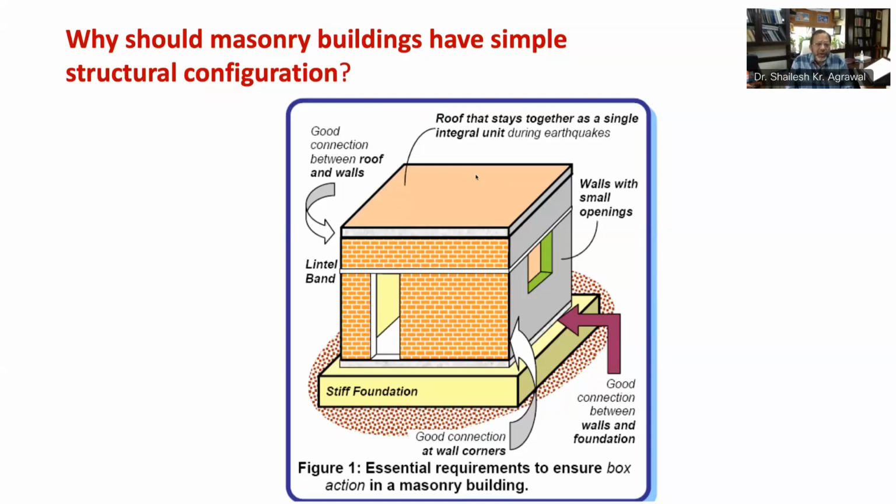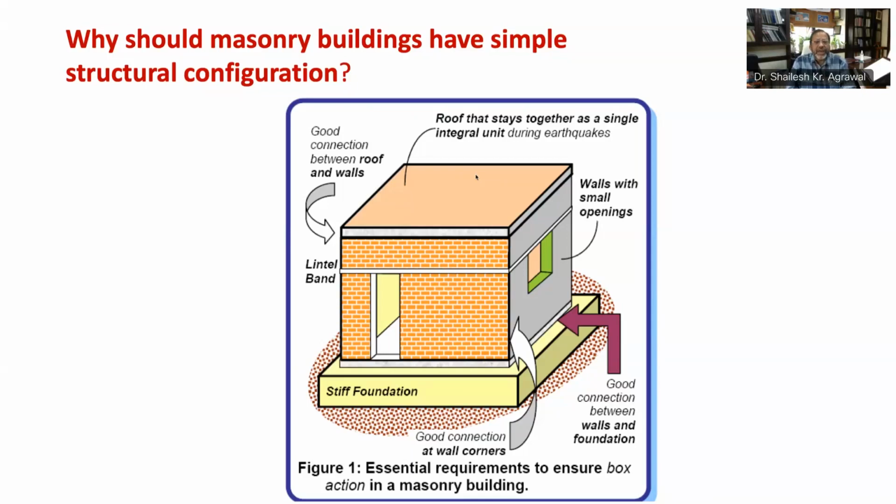Large, tall, long, and unsymmetrical buildings perform poorly during earthquakes. It was explained to you in the previous tip as well. Loosely connected roof or unduly slender walls are also a threat to good seismic behavior.